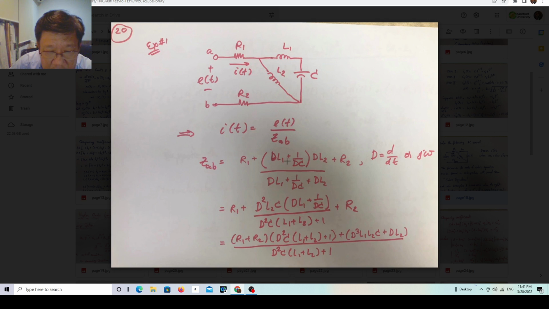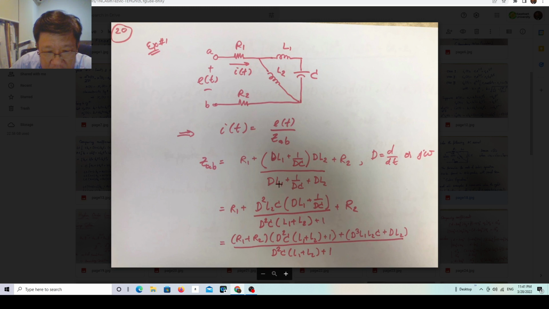The bracket in here still stays the same. And then in the second part of the fraction, the DC just cancels, so you get the term plus 1 here.